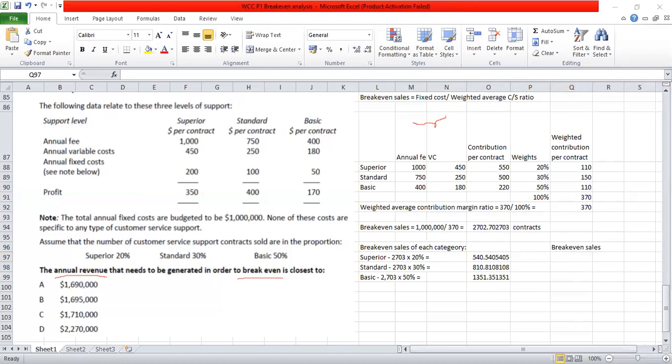So if we multiply into fees per contract, then we would get the break even sales.